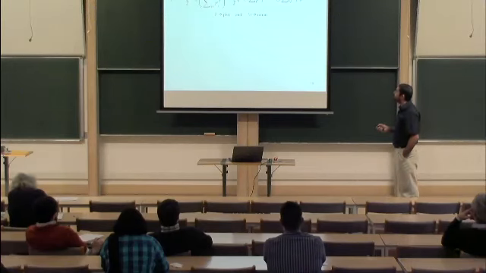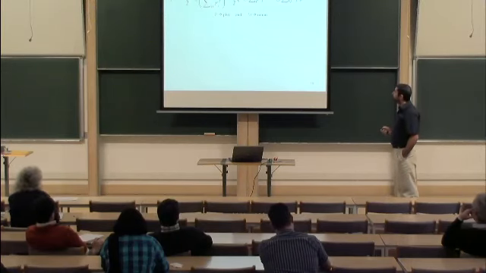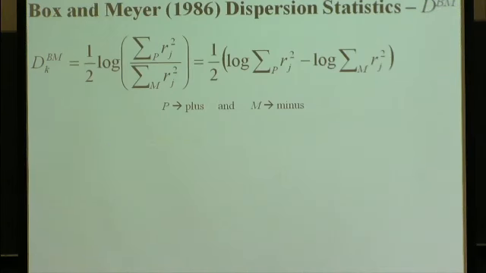K here stands for a particular contrast. Once we have enough information to estimate the residuals for each contrast, we can separate the residuals associated with plus signs for that particular contrast and the residuals with minus signs. And we can then calculate this expression. If D is close to 0, we won't have any indication of a dispersion effect.